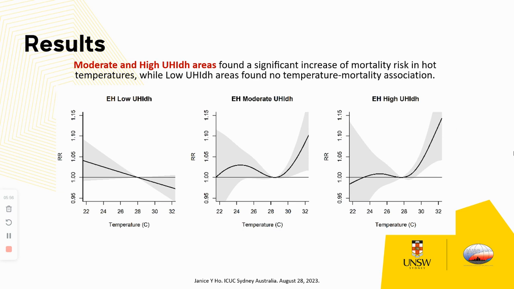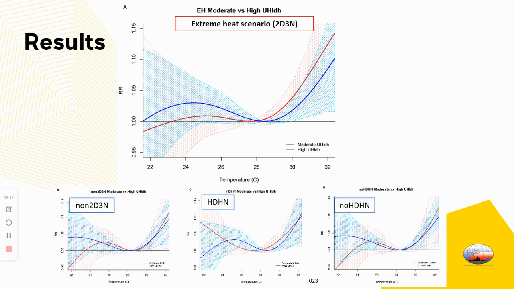Overall, in terms of the temperature-mortality associations across all scenarios, we found that moderate and high UHI areas had a significant increase of mortality risk in hot temperatures. However, low UHI areas did not have this association. But then we took the moderate and compared it with the high UHI areas, and we found, again, a distinction in the extreme heat scenario.